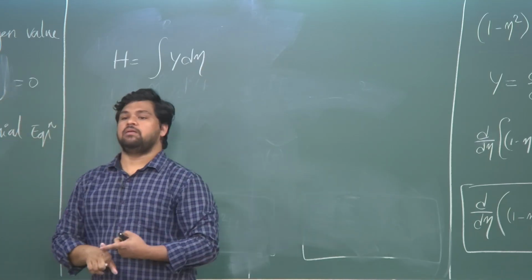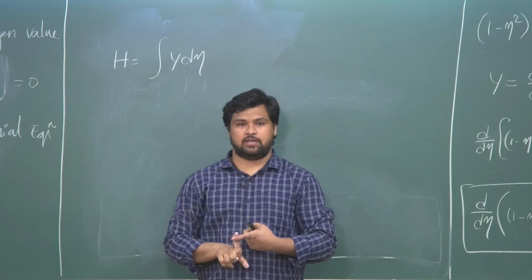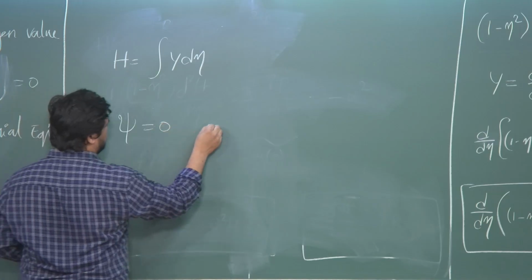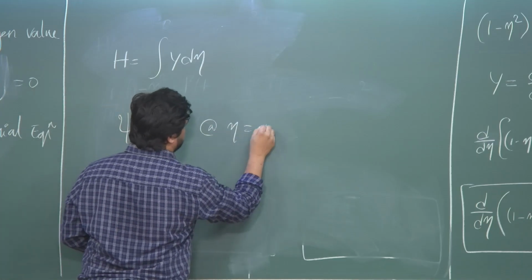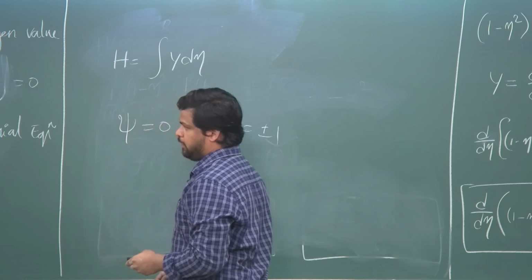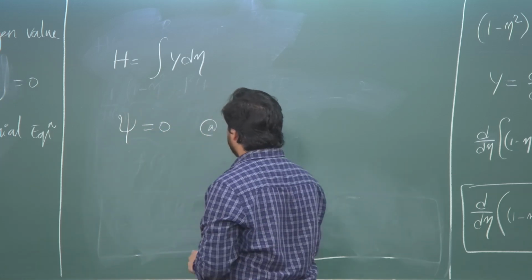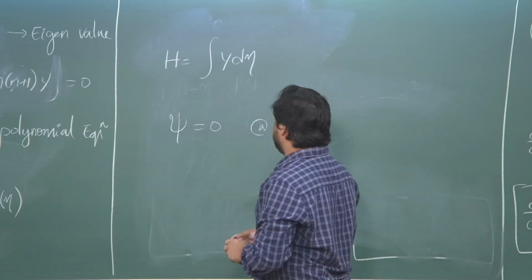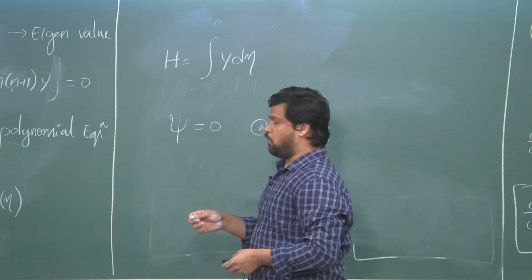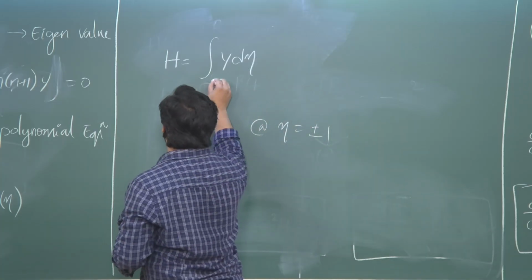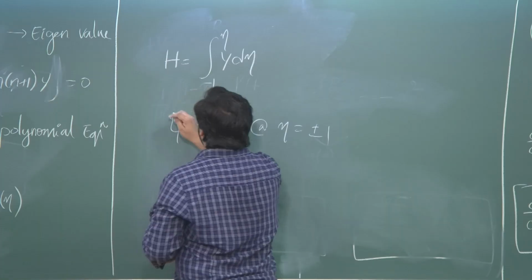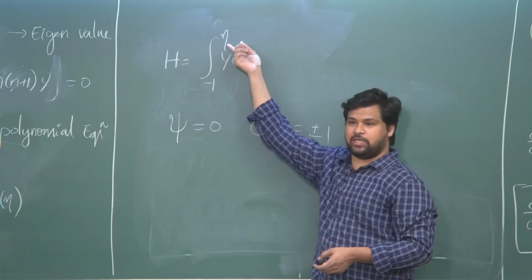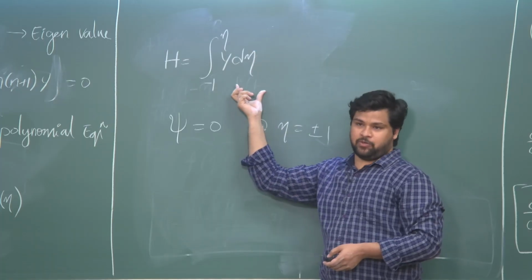But if you remember, we need to satisfy one boundary condition, which is psi equal to 0 at eta equal to plus or minus 1. This boundary condition we have to satisfy. For that, I am modifying this integral. If you define your h as a definite integral from -1 to eta, this satisfies your boundary condition.